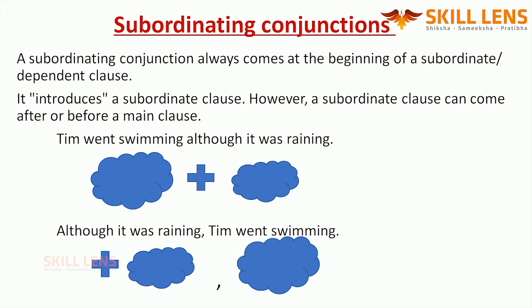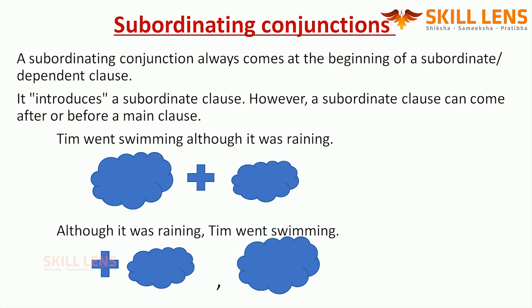An independent clause is a sentence on its own. You can use it as a complete sentence. It gives you appropriate, complete meaning. However, a dependent clause, as the word suggests, is dependent on the main clause to convey some meaning to the reader. As such, subordinating conjunctions always appear at the beginning of a subordinate or a dependent clause.